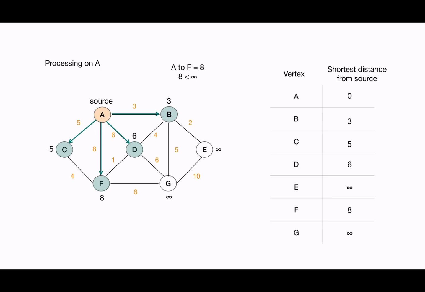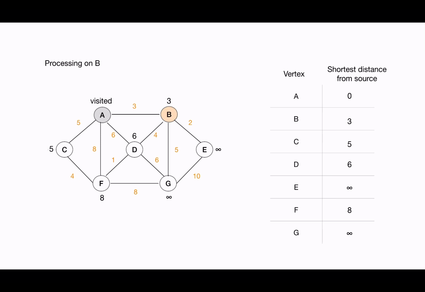Next we choose the unexplored vertex which has minimum distance. See the table, the vertex with minimum distance is B. So let's process B. Now B has value 3, so the upper bound is 3. If we visit any node after visiting B from A, can we improve the distance to get to these adjacent vertices from A? If we can, we will update the distance with the new value.